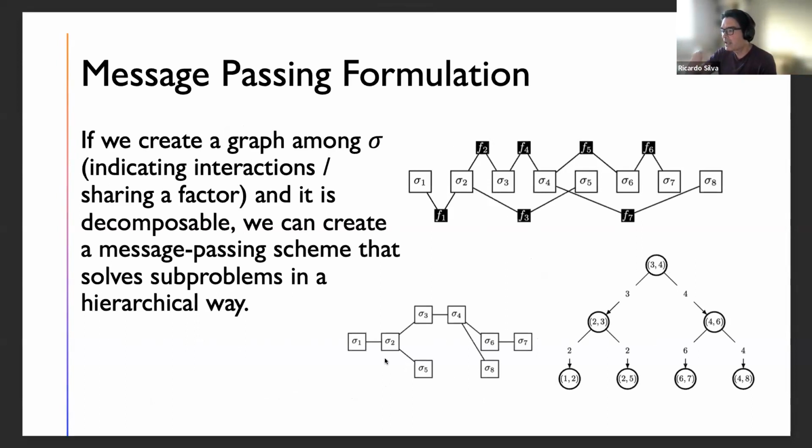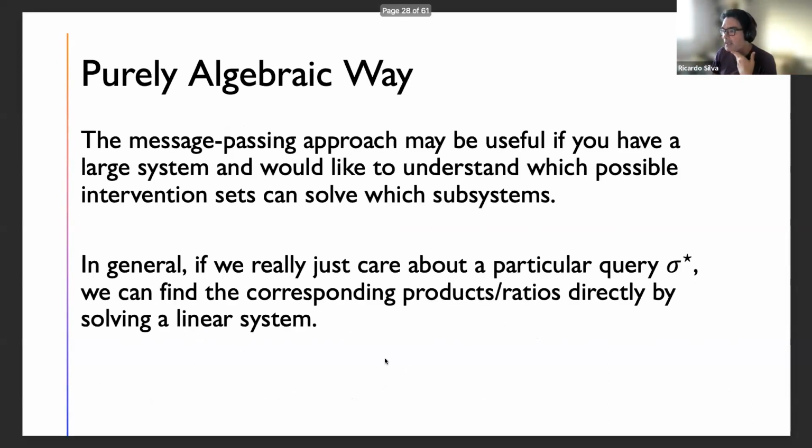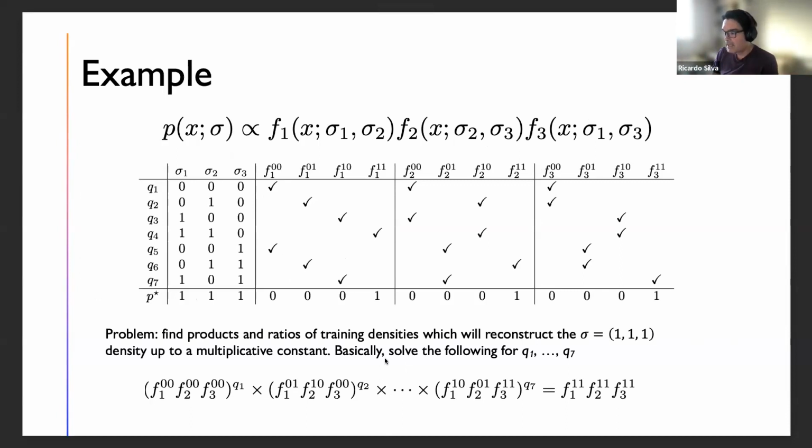You can have cycles among the signal variables, so we won't be able to apply this idea of message passing here. But instead, what I can think of is, if you fix the value of the random variables to any particular constant little x, the factors that you have in this model can be interpreted as types of monomials on the space of the sigma variables.